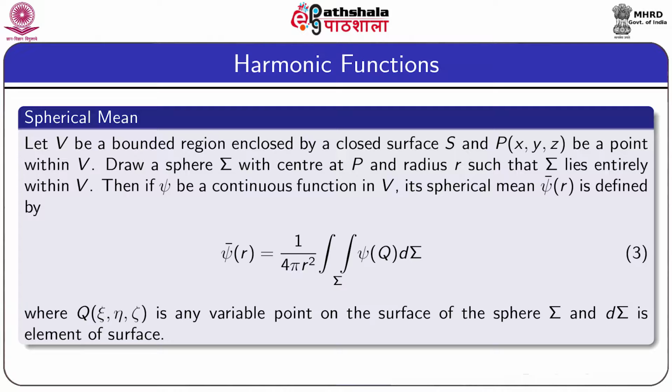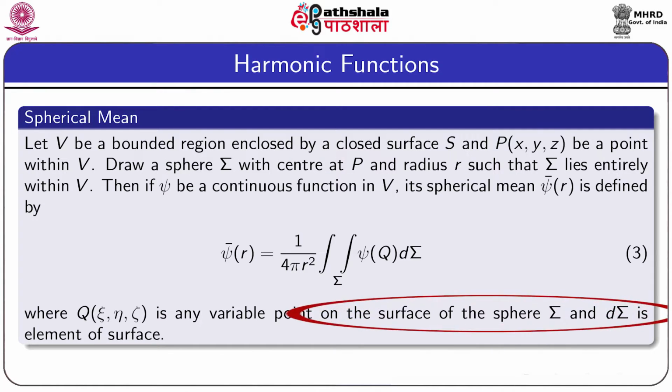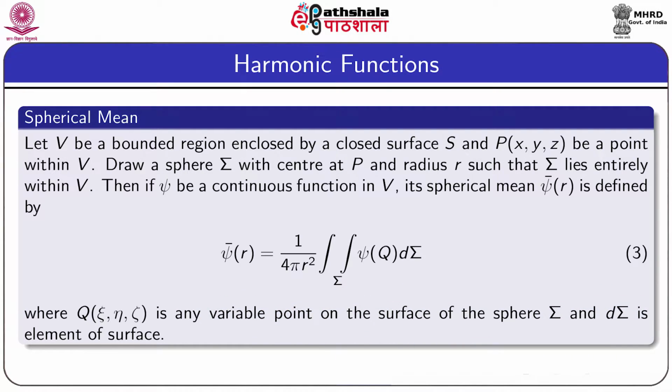That means we are taking the integral over the surface of the sphere sigma, and Q is any variable point on the surface of the sphere sigma, and d sigma is the element of surface. So, this is nothing but the average of the value of psi over the surface of the sphere sigma.